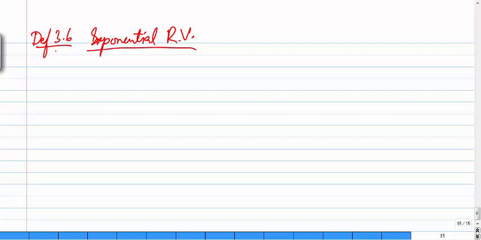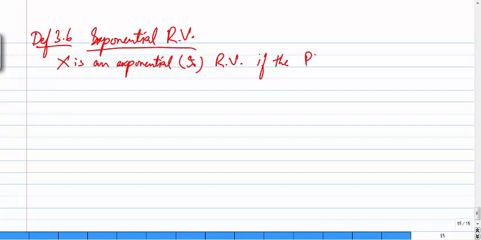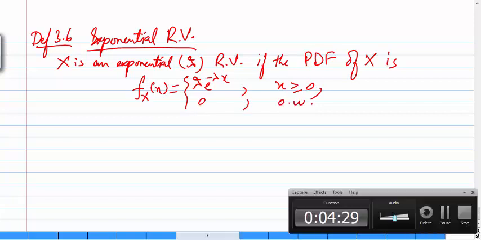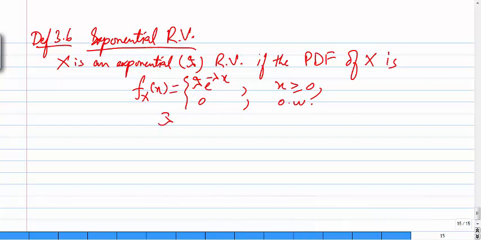X is an exponential lambda random variable if the PDF of X is lambda times e to the power minus lambda x for x greater than or equal to 0, and 0 otherwise. Here lambda must be greater than 0.